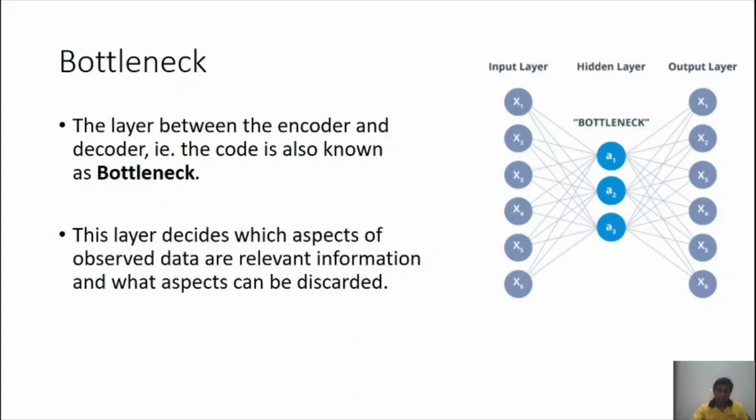As you can see here, the example that we have given has 6 neurons in the input layer, 3 neurons in the hidden layer, and again 6 neurons in the output layer. Whatever input comes in goes into the input layer, gets compressed into the form that is given by the hidden layer, and then the output layer tries to reconstruct that particular pattern that has been input to it.